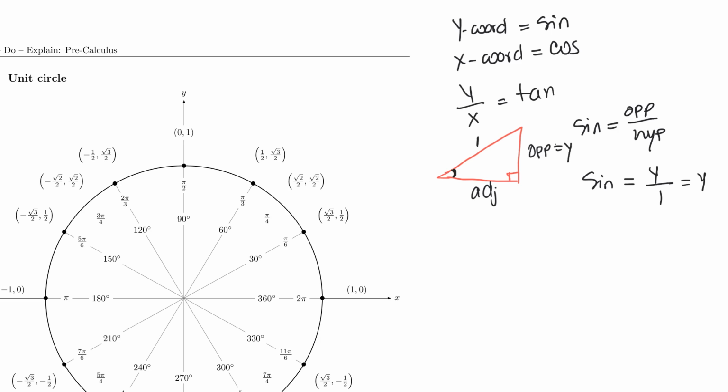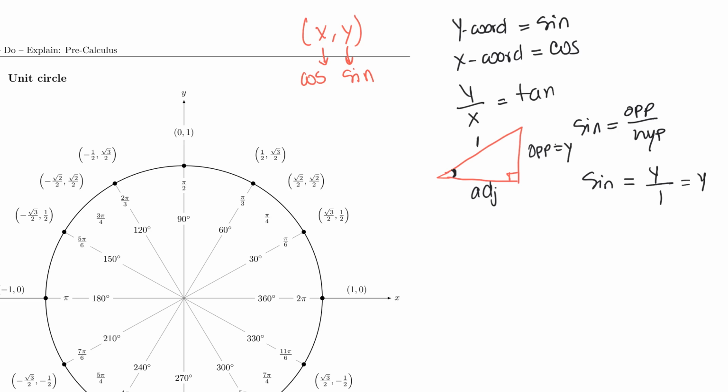With this information, then we know that in the arrangement of x comma y, which is the coordinate of a point in the coordinate system, the x is the cosine and the y is the sine. Okay, so keep this in mind.